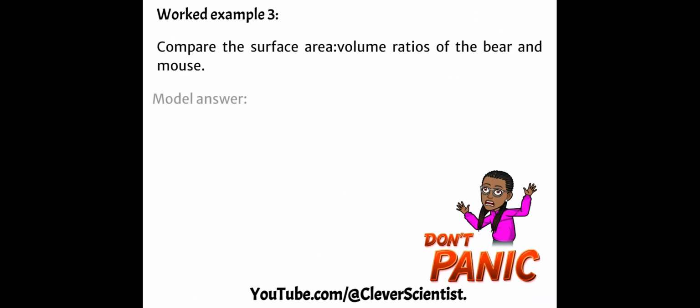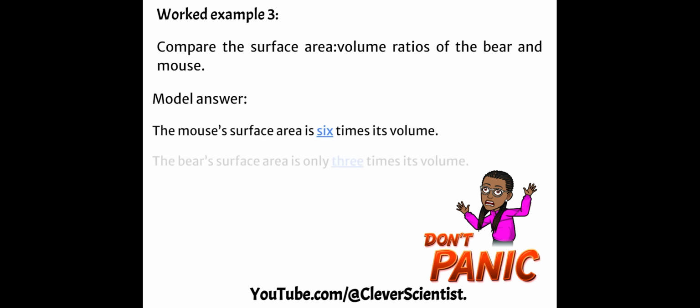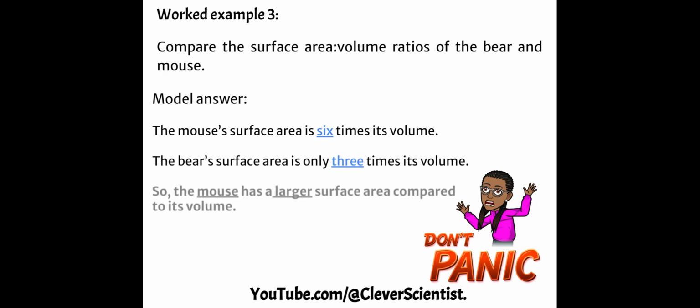Here's another kind of question that you might get asked. Now we're going to compare the surface area to volume ratios of the bear and the mouse. The mouse's surface area is 6 times its volume, and the bear's surface area is only 3 times its volume. So the mouse has a larger surface area compared to its volume.